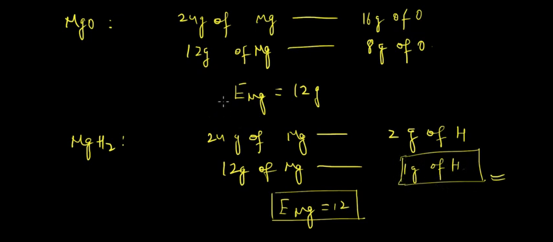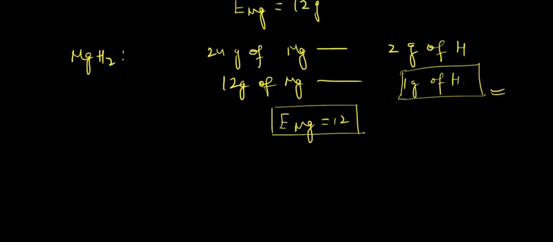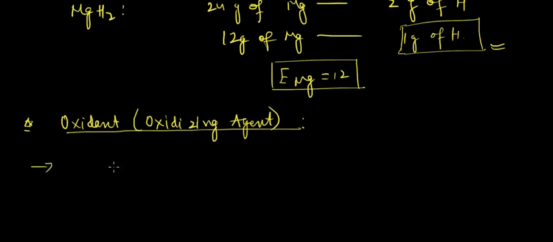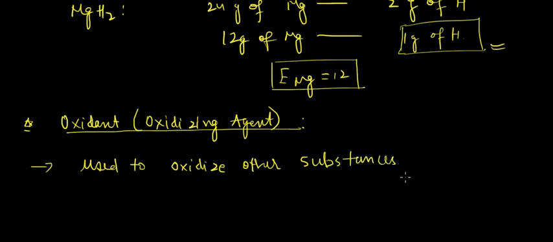Okay, so next let us talk about what is an oxidant or oxidizing agent. This is nothing but a substance which is used to oxidize other substances and reduce itself.